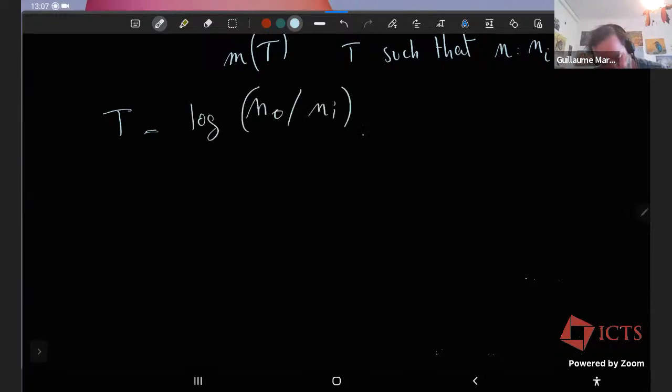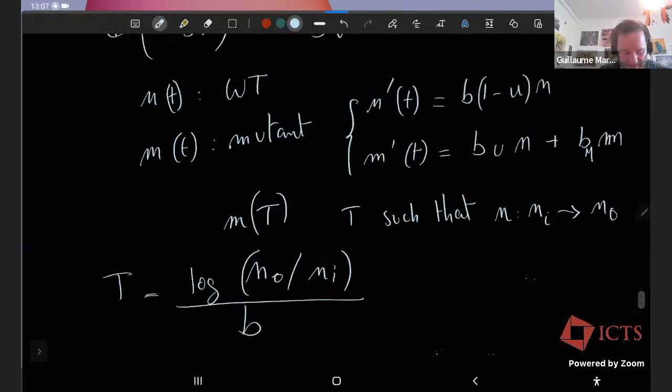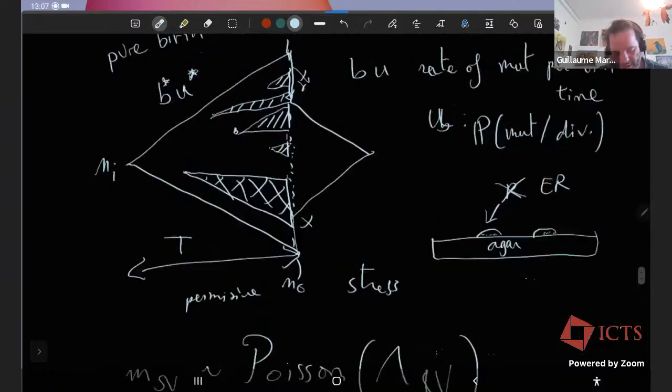In the notebook, I write the derivation. You can work out a number. First, the time it takes to grow from this single cell, or initial cell size, is, as we had it before, the log of the final size over the initial size divided by the birth rate of the mutant. You can show that it's the time it takes for the wild type to grow all the way, whereas in fact the true size is the wild type plus the mutants.